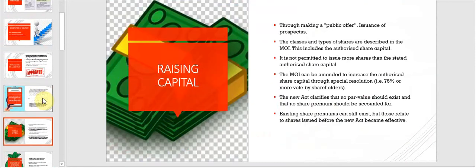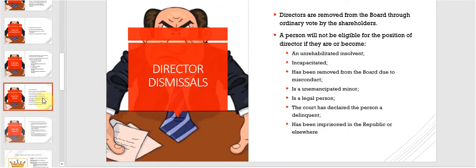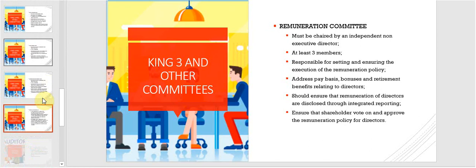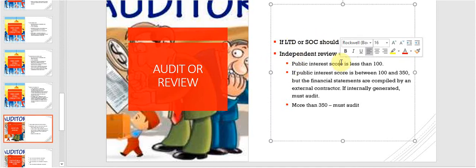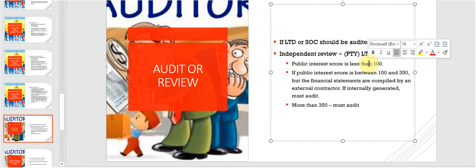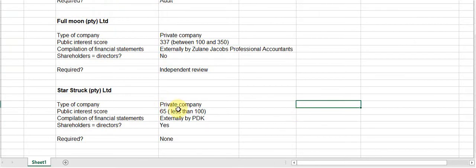If we quickly look at the rules for the public interest score, it says you need an independent review if the public interest score is less than 100. So generally we would say because it's less than 100 in this scenario, it is an independent review.